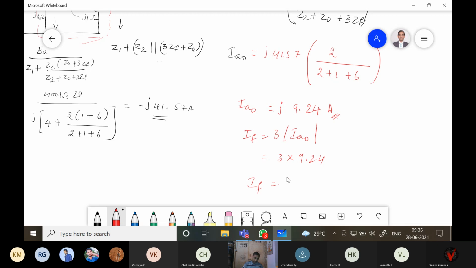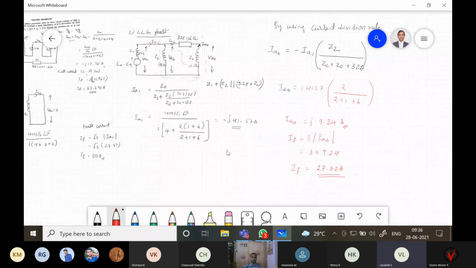The fault current is equal to 27.72 amp. Is it clear? Yes, sir.